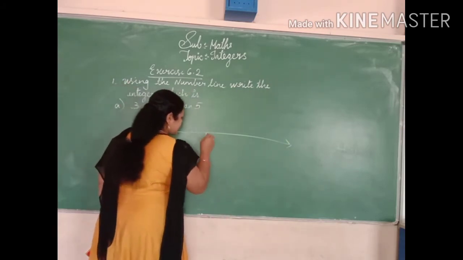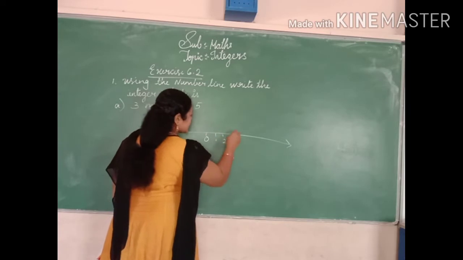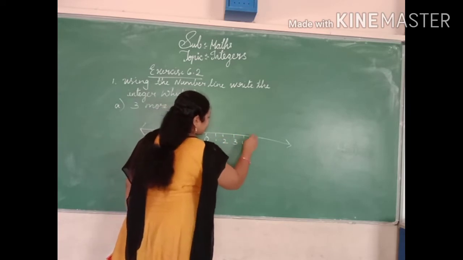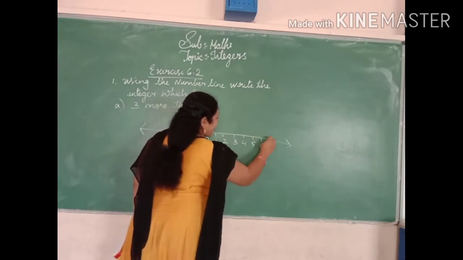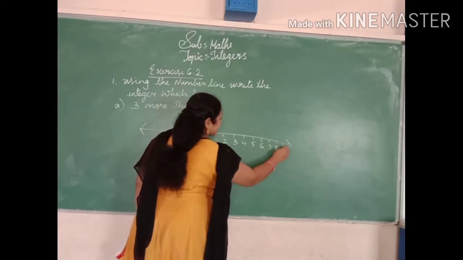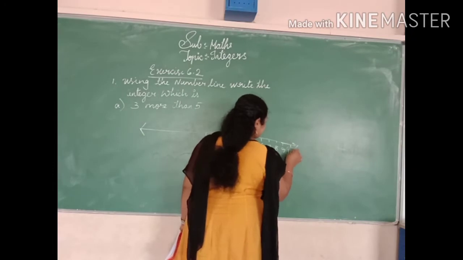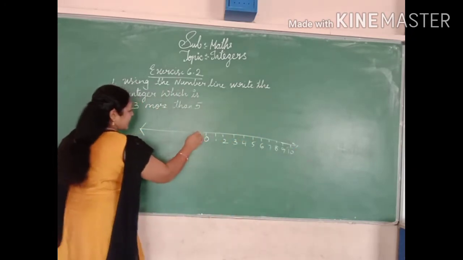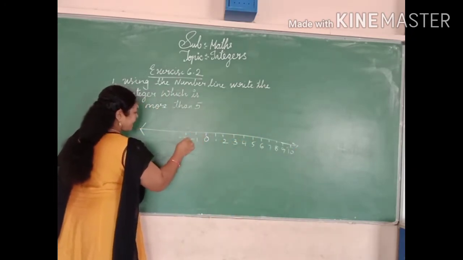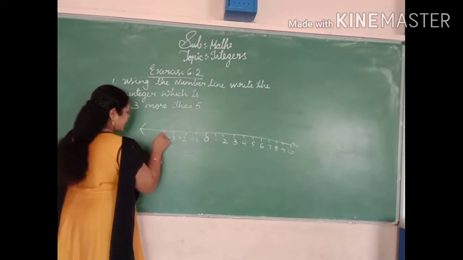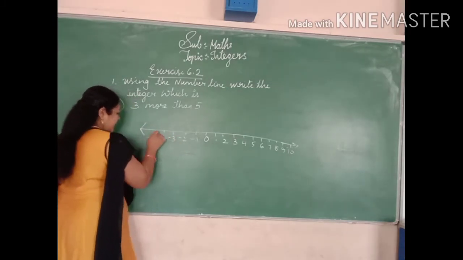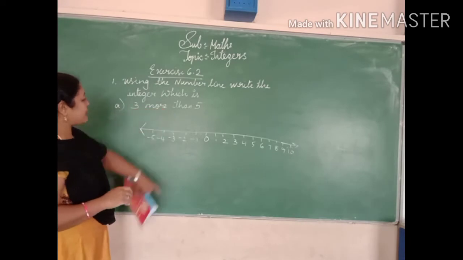Write 0, 1, 2, 3, 4, up to 9, and we end up with 10. Here we give negative numbers too. Here it says 3 more than 5.